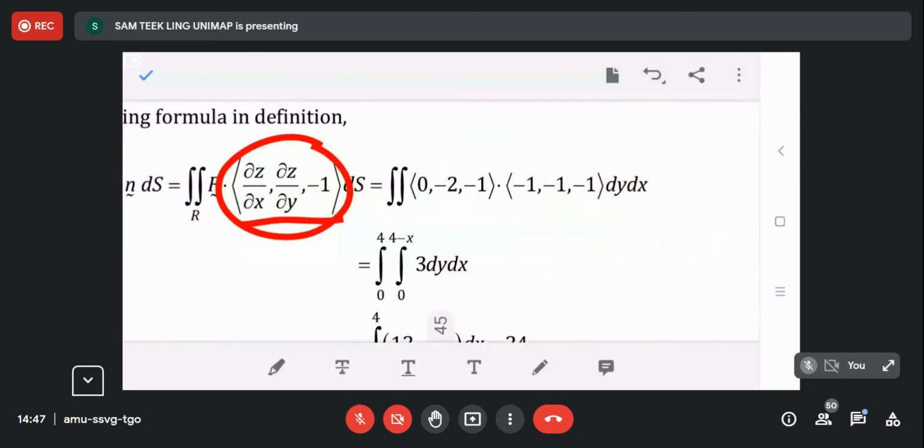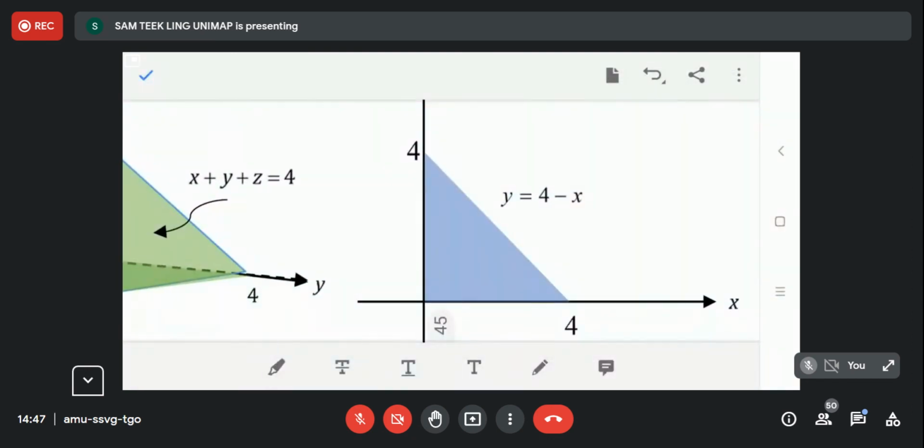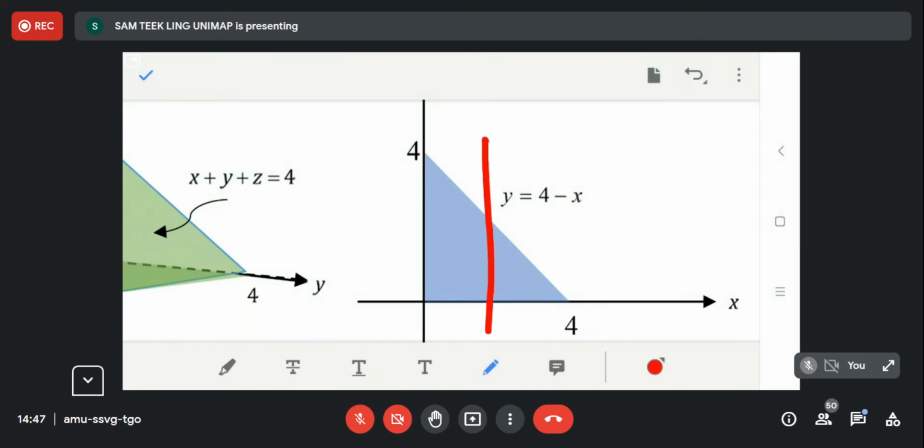So you go back to the start to find your limit. Here is dy dx. So draw one line on your y-axis, from 0 to 4 minus x for your y. Your x value is from 0 to 4.